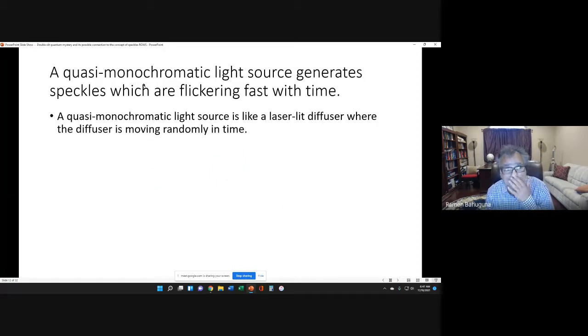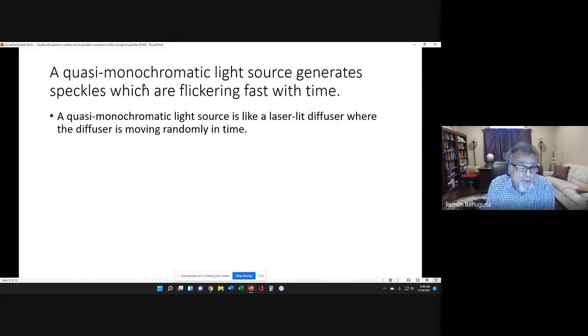Now, if you take the case of a quasi-monochromatic light source, like a sodium lamp, there are speckles all over. Because here the atoms radiate randomly, they have random phases, and because of the random phases, we have speckles all over. And because the phases are changing with time, the speckles are flickering.